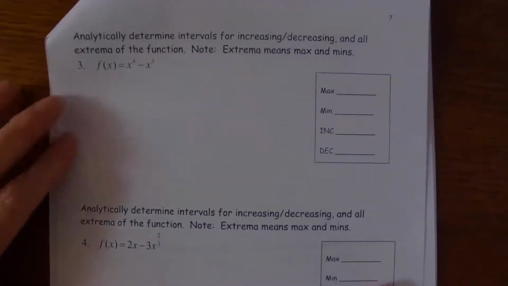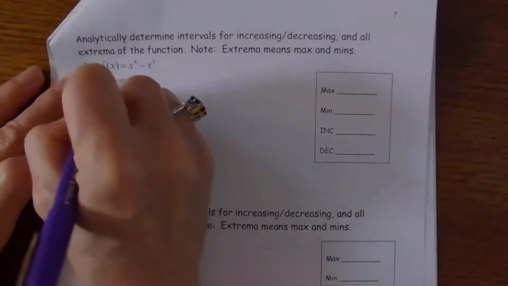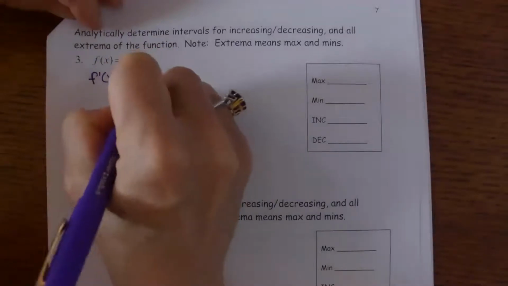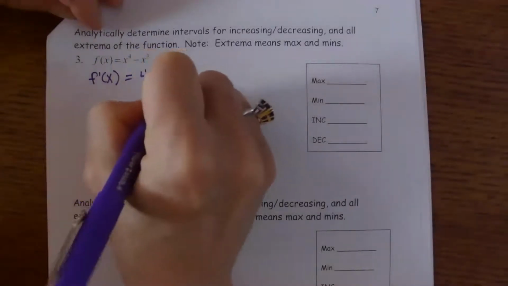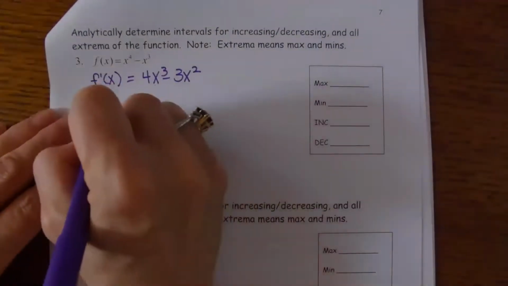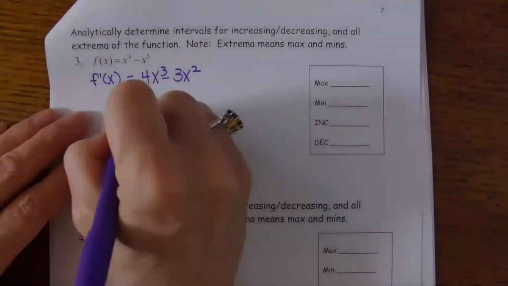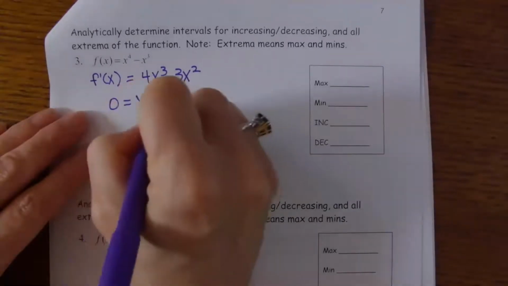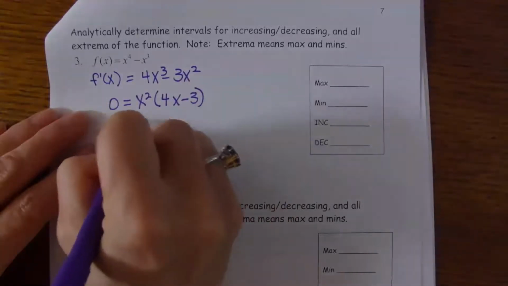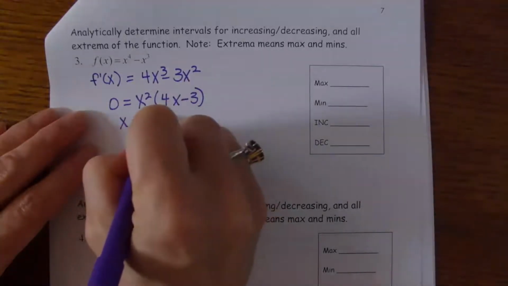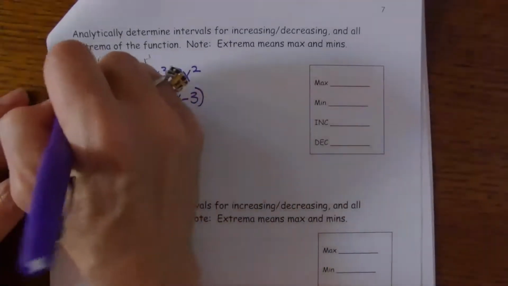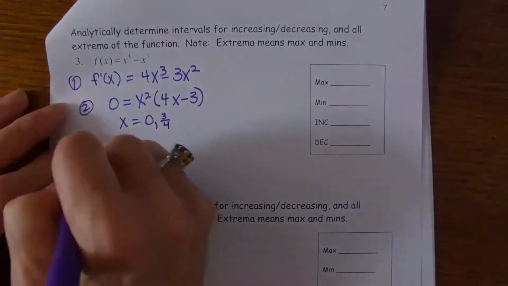So let's take the derivative. Now we're going to set that equal to 0. See, I could pull out an x squared. So 1, 2, 3.